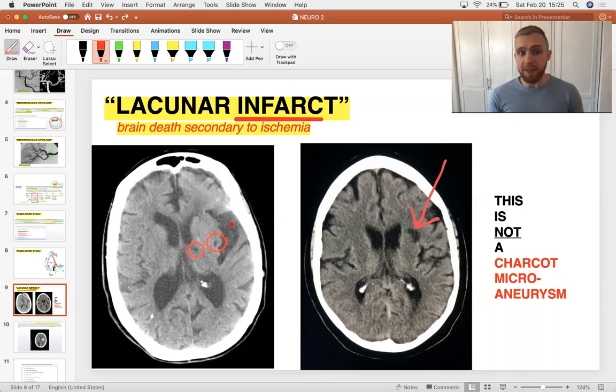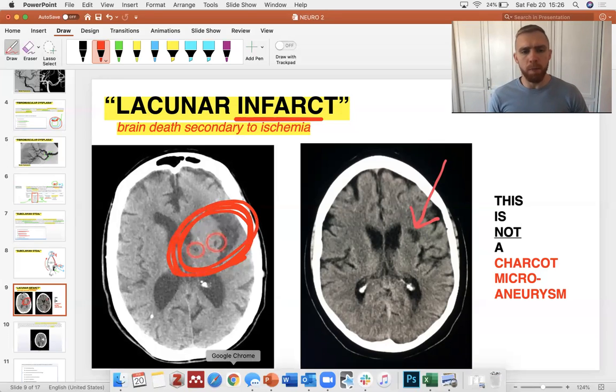So that's how lacunar infarctions present, with pure motor symptoms that are typically unilateral because the basal ganglia are affected. And anytime you see pure motor, basal ganglia and cerebellum are very high up on your list. So this is, again, where a lacunar infarction will be on CT.